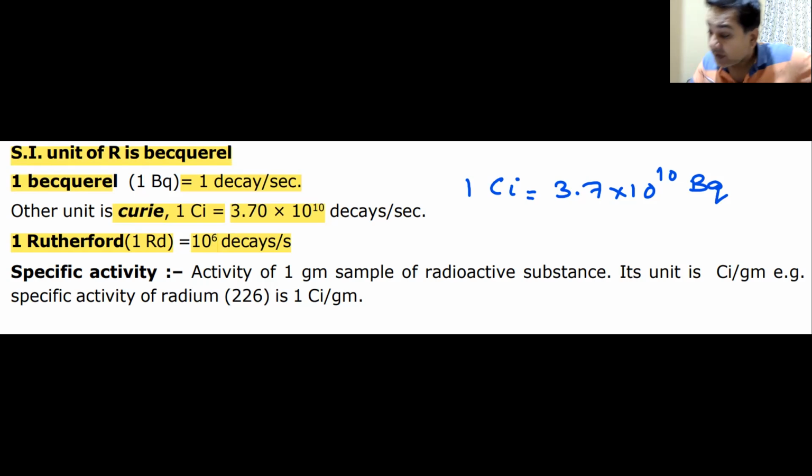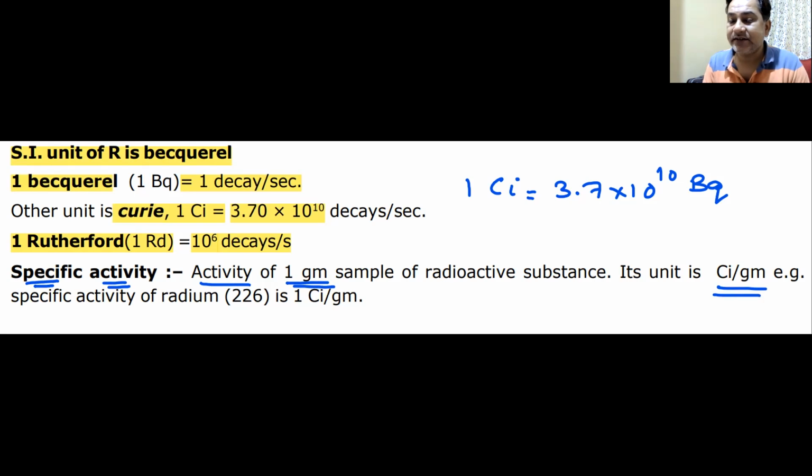Sometimes they might use the term specific activity. This is the activity of 1 gram of the substance, 1 gram of radium, 1 gram of uranium. So its unit becomes becquerel per gram or Curie per gram or Rutherford per gram.